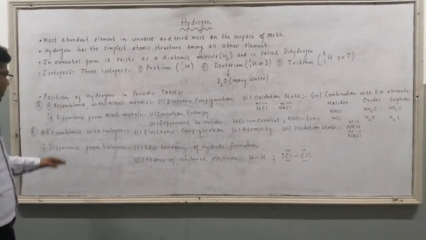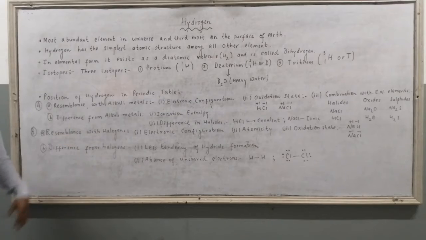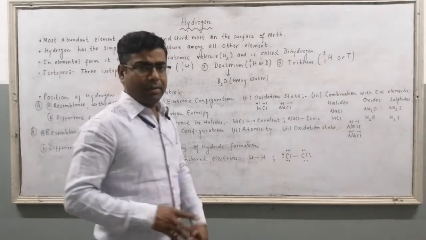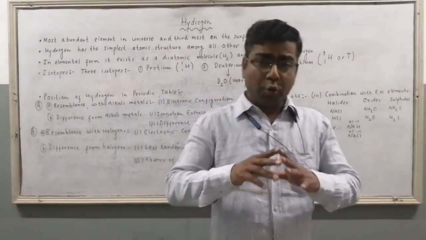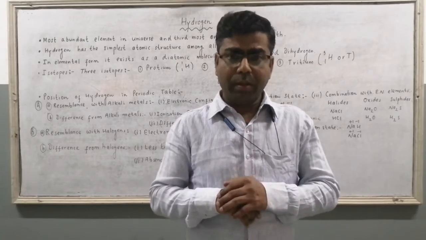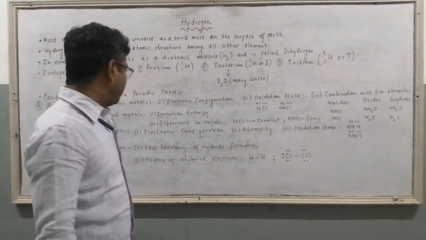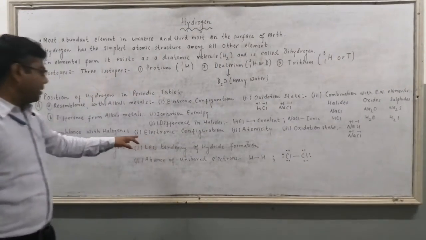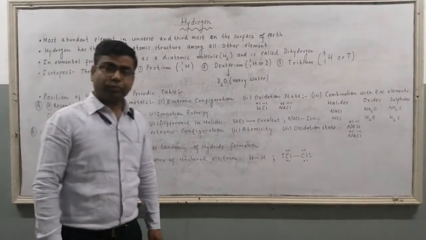Then comes the next one, resemblance with halogens. There are a few properties where hydrogen shows similar properties to halogens like fluorine, chlorine, bromine and iodine. Number one is electronic configuration.